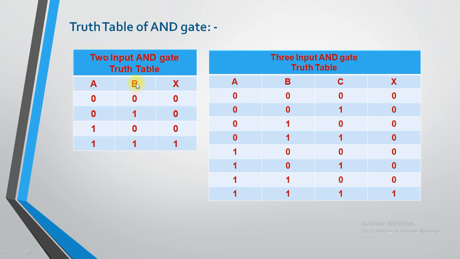The last input variable here is B, so in this column you need to write 0, 1, 0, 1. The first variable is A, so 2 times 0, 2 times 1. I am going to explain how to write this particular combination of input signals.